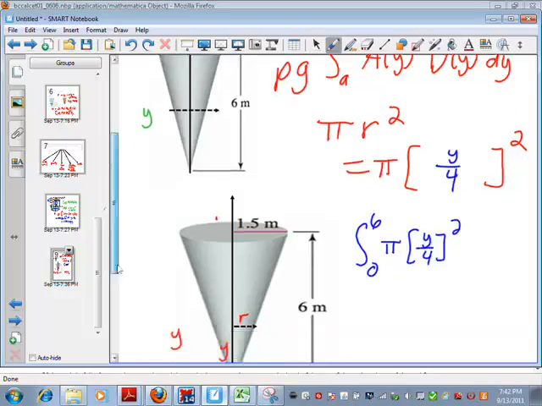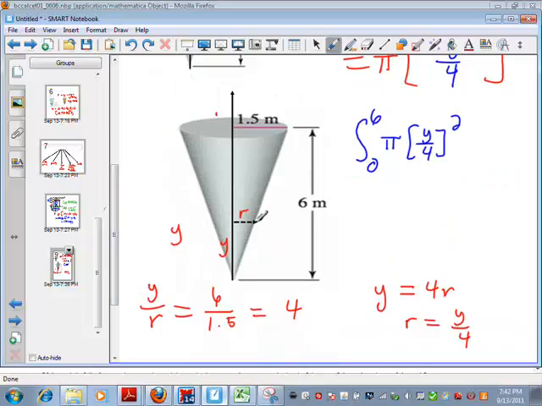How far do I need to bring it out? If I'm at y level, how much is left to take out? 6 minus y indeed. 6 minus y dy. There's some constants in front, right? Rho, g. And there you go. I'll take questions.